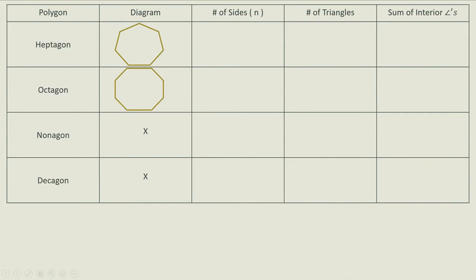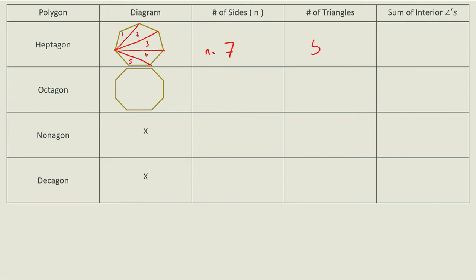A heptagon has 7 sides. So here n equals 7, and how many triangles can we find in here? Starting at this vertex, we go 1, 2, 3, 4, and then the 5th triangle is there.